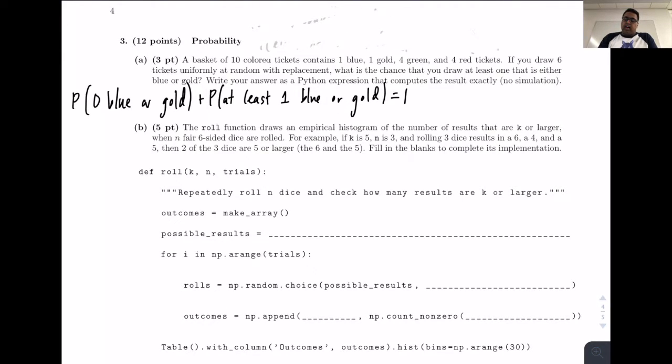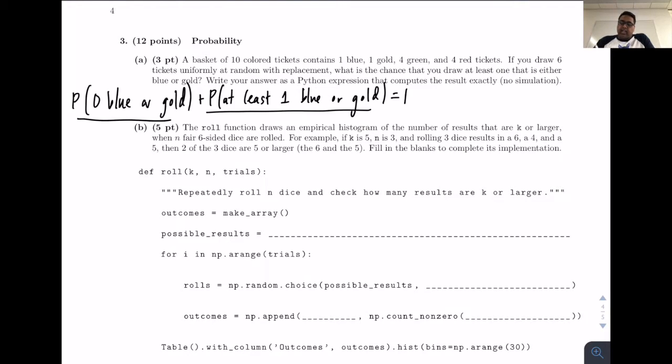We either get none or at least 1. The reason I bring this up is because it's much easier to indirectly calculate this value by subtracting the probability of getting 0 blue or gold from 1 than it is to calculate this value directly.